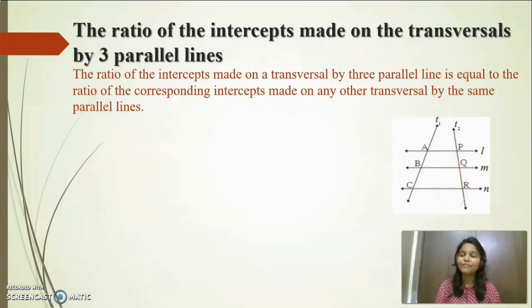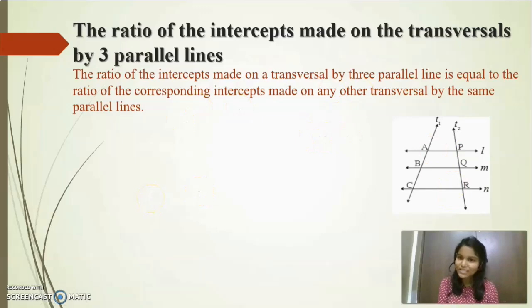So what does this property say? Whenever you have three parallel lines and two transversals, the transversals will intersect all these three lines in the same ratio. That is, AB upon BC will be equal to PQ upon QR. So how will you present this?